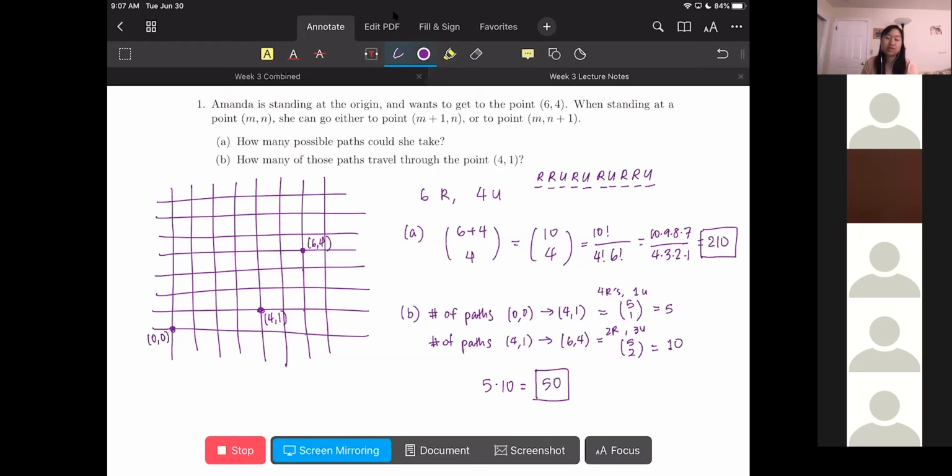Yeah, so just quickly, we want to multiply them because this is the rule of multiplication that we learned in the first week.